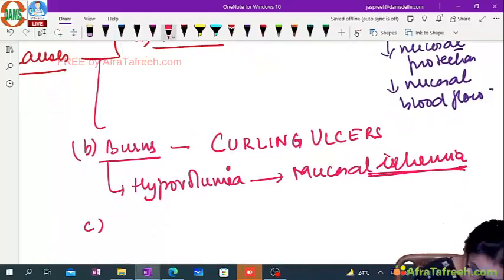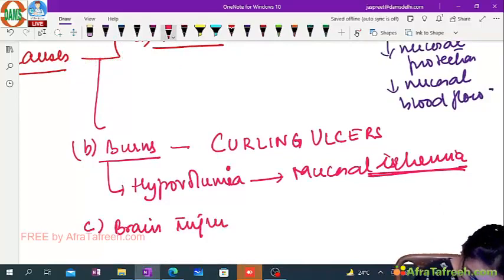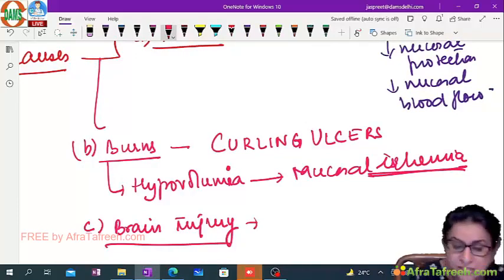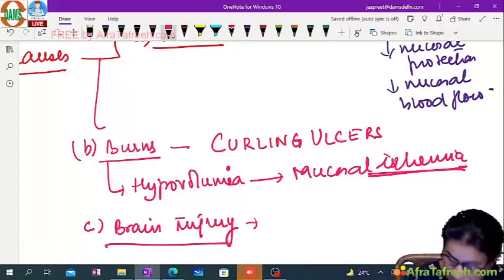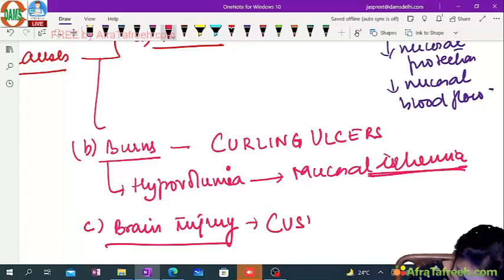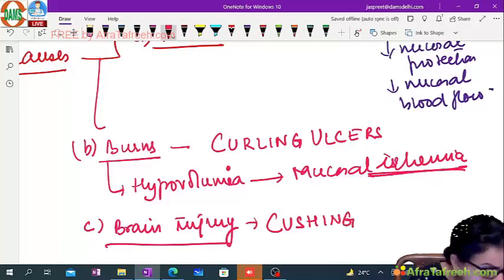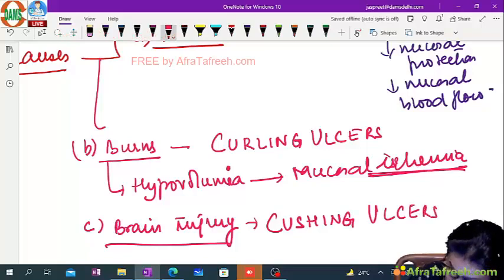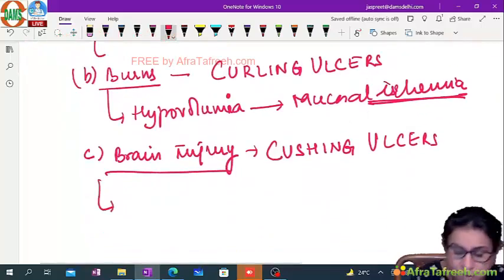Okay. Third, patients with brain injury can also have acute gastritis, and the ulcers that form in the stomach in patients with brain injury are called Cushing's ulcers. Cushing, C-U-S-H-I-N-G, Cushing ulcer. Now what is the cause in brain injury? Why are the ulcers formed in the stomach?